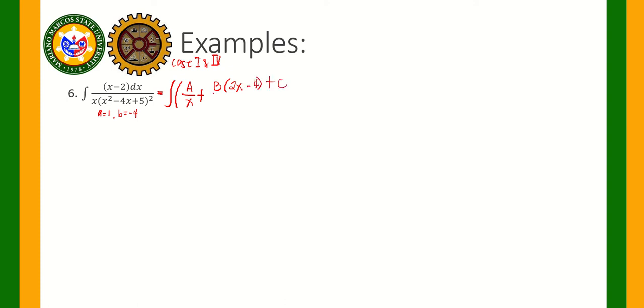And then plus c all over si x squared minus 4x plus 5. And then plus d times, copy natin to since same naman lang sila, 2x minus 4 plus e all over x squared minus 4x plus 5 quantity squared. And then dx. So, yan na ngayon yung gagamitin natin sa pag-solve ng integration na to.